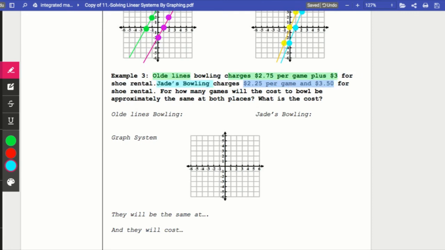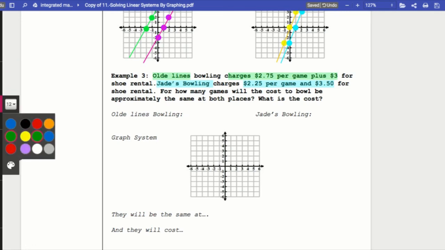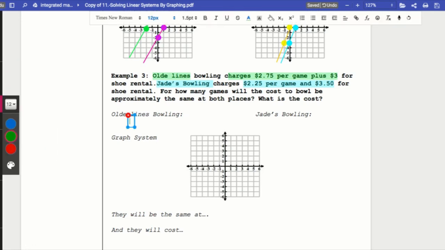Okay. So let's go ahead and make an equation for Old Lines. So we know that it's $2.75 per game. So we're going to say y equals 2.75x because it's a repeated one. And then plus $3 for the shoe rental.